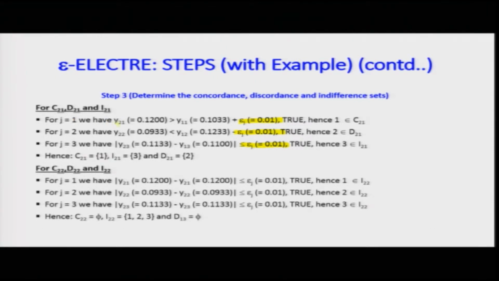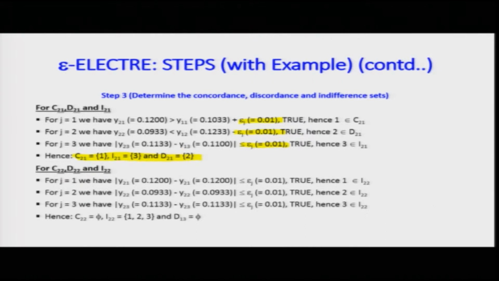So, for J equal to 1, we compare y21 with respect to y11, and we see that J equal to 1 falls in the concordant set. Similarly, J equal to 2 falls in the discordant set, and J equal to 3 falls in the indifferent set. So, we have the values for C21, D21, I21 as marked in the yellow highlight pointer.